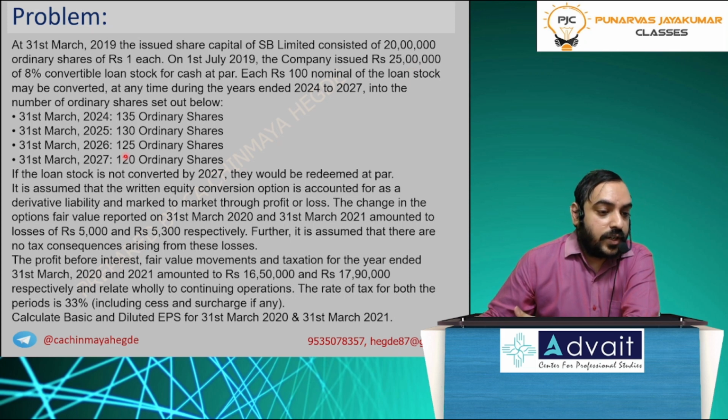Directly you can divide, no? 25,000 is existing plus 135. 25,000 shares, and 135 additionally you are going to issue. If converted during this period, these ordinary shares you get extra. Therefore, you can directly divide by 25,135.